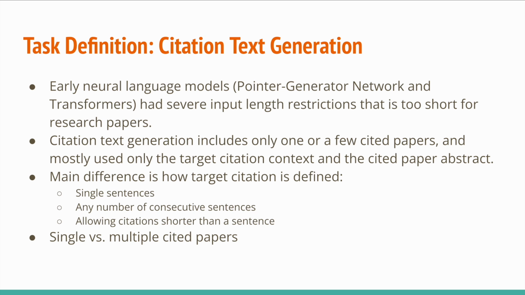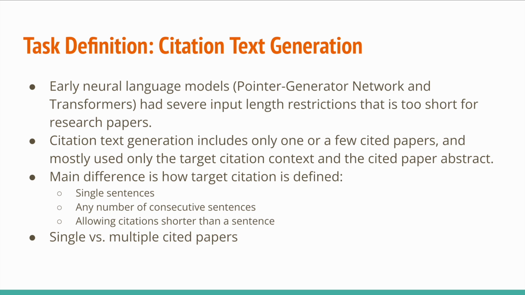As a subtask of abstractive related work generation, citation text generation became popular because early neural language models, such as pointer generator network and transformers, had severe input length restrictions that were too short for research papers. Citation text generation includes only one or a few cited papers, and mostly used only the target citation text and the cited paper abstract.